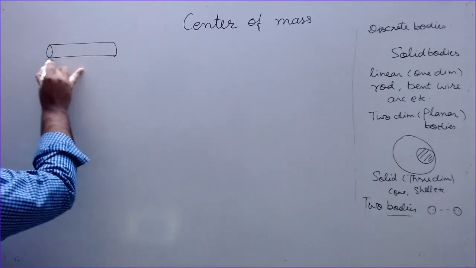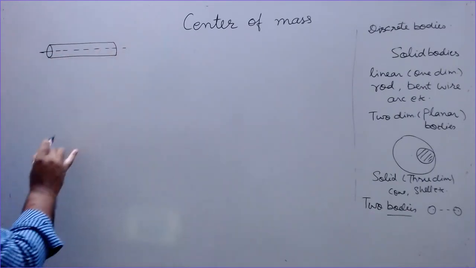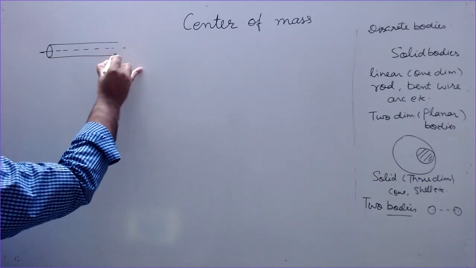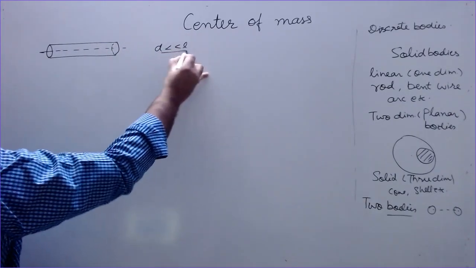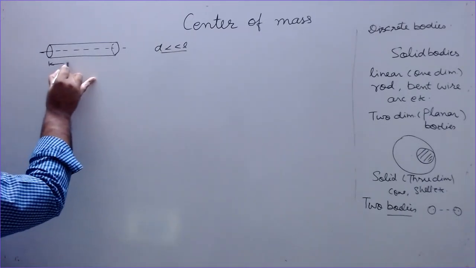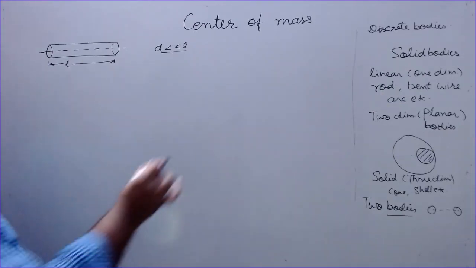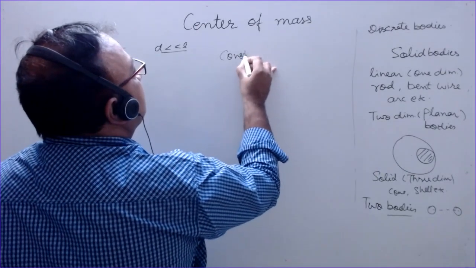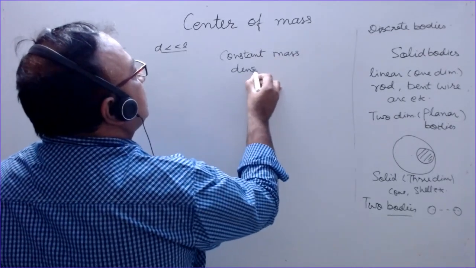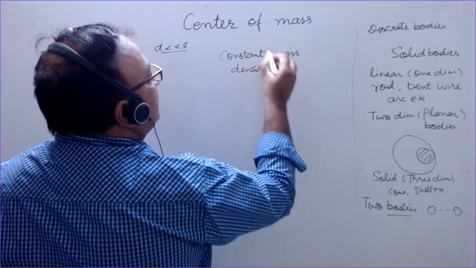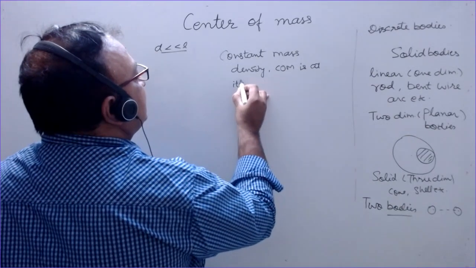If the mass density, that is mass per unit length, in case of one-dimensional bodies, so here we assume that diameter is quite small as compared to length. Then we can assume this to be one-dimensional. If it is having constant mass density, in that case, COM is at its geometric center.